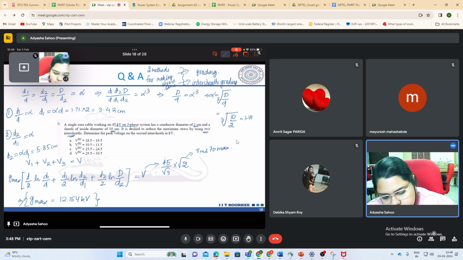After you get the Gmax, you can calculate V1 max, right?